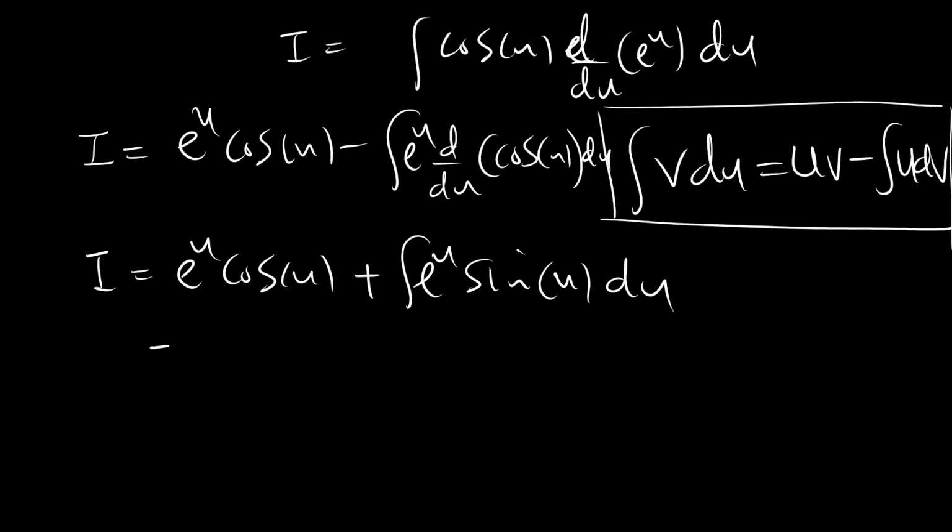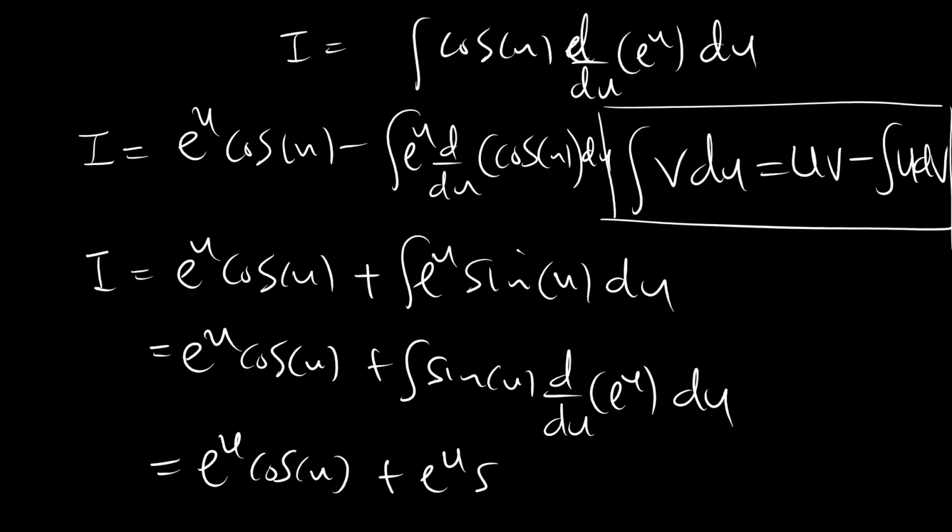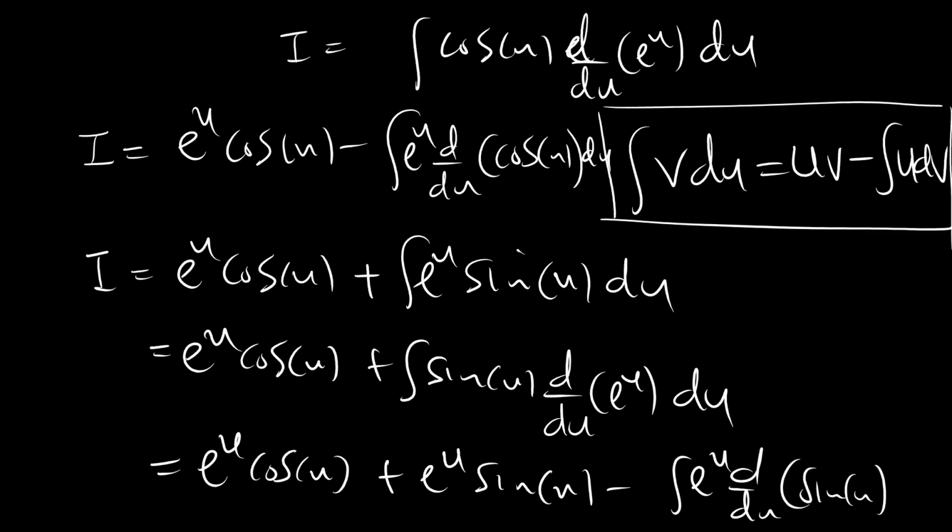And so this also becomes e^u cosine of u plus the integral of e^u sine of u du. Using a nested integration by parts, this becomes e^u sine of u minus the integral of e^u times the derivative of sine of u.